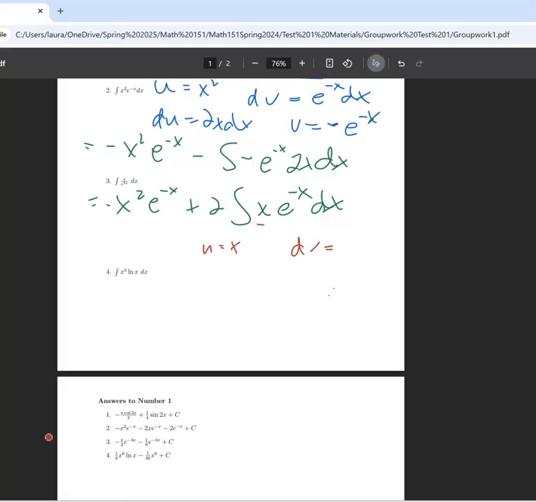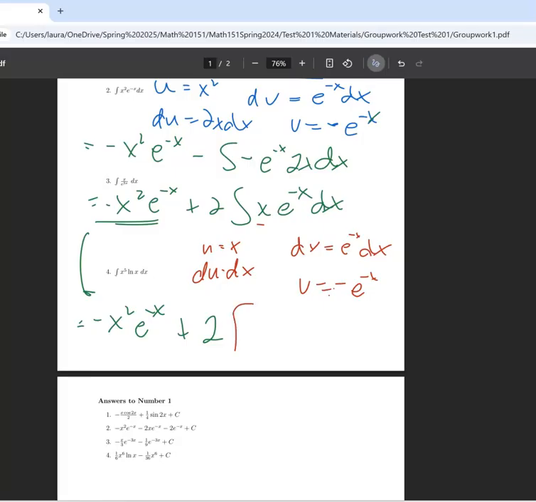The dv is the e to the negative x. So v is negative e to the negative x. Du is dx. Okay, so then this part here carries along. So negative x squared e to the negative x plus 2 that carries along.